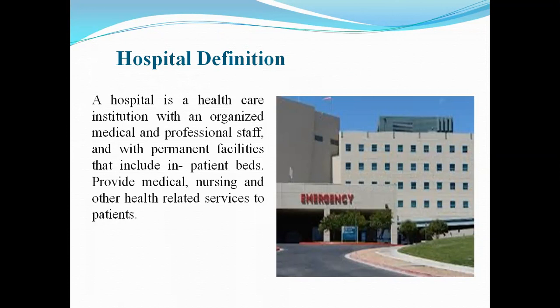There are permanent facilities like the inpatient bed facility where a patient can be admitted, and other health related services like medical service, nursing service, and pharmacy service. Everything related to health is provided in a hospital.